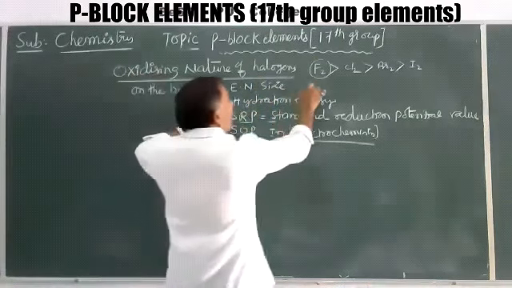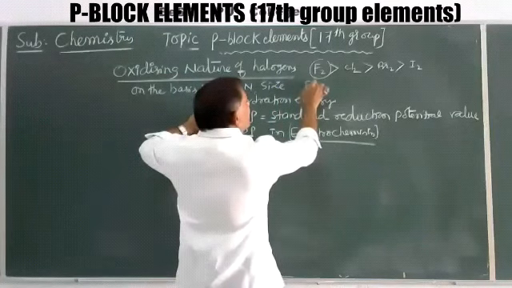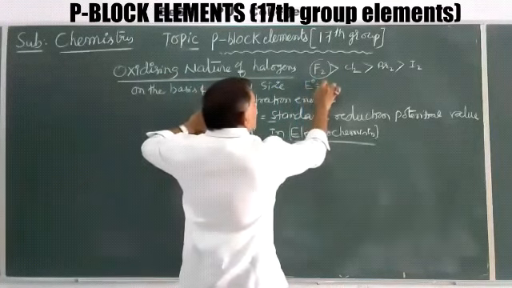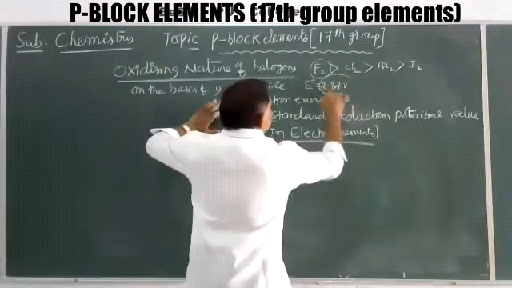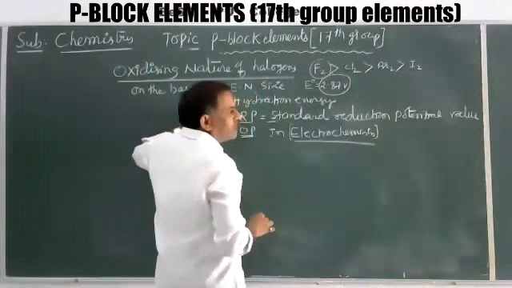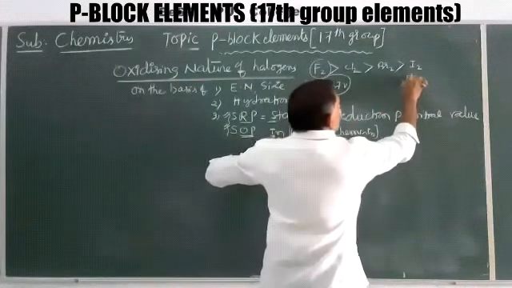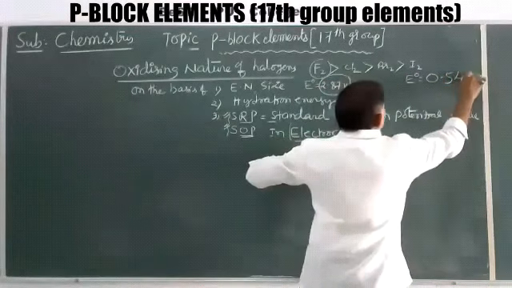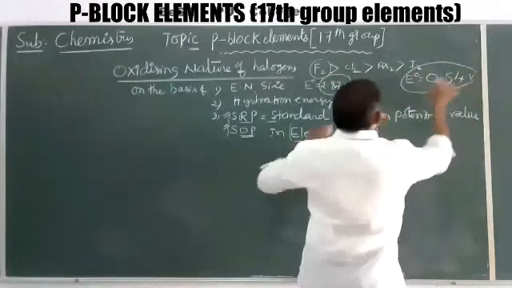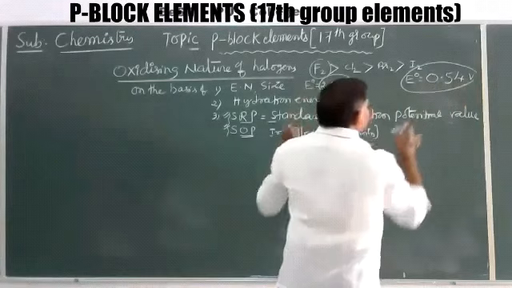The SRP value is denoted by E naught, that is 2.87 volts for fluorine, V stands for volts. For iodine the E naught value is 0.54 volts. For understanding purposes, higher value, lower value.